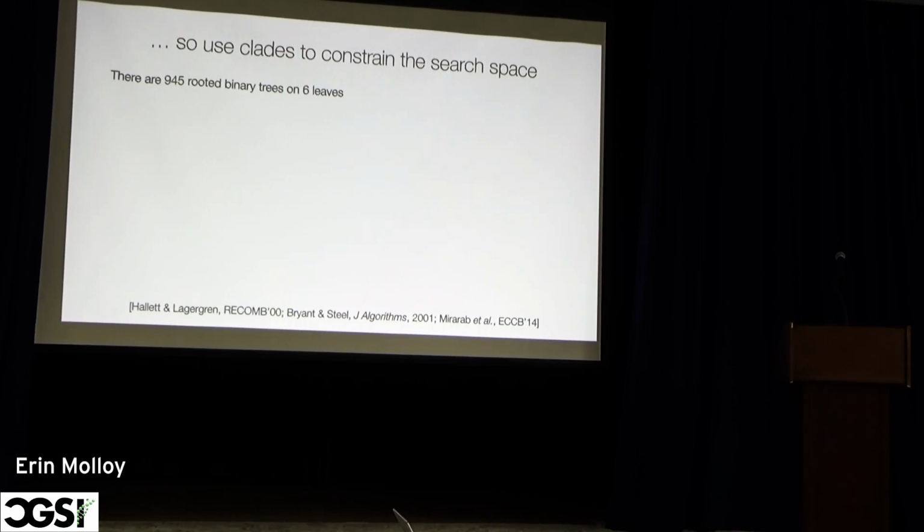Okay. And so there's this relationship between a tree and its clades. We can use clades to constrain the search space. This is an idea from Hallett and Lagergren at RECOMB 2000, and it's been used by Bryant and Steel, and also by Siavash Mirarab and Tandy Warnow in the ASTRAL method. So it's been a very popular idea in phylogenetics.